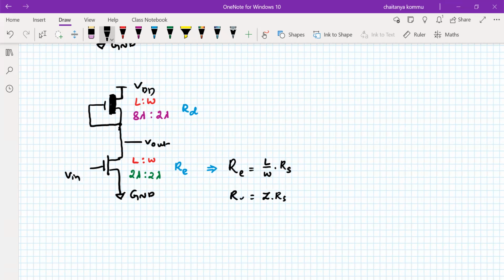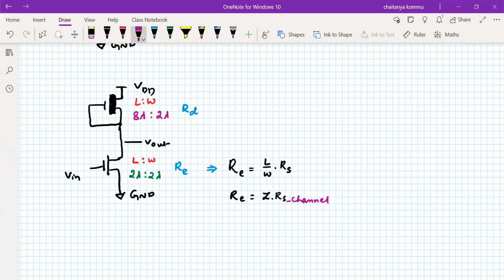So the concept here is what kind of sheet resistance I need to consider. Polysilicon, diffusion, or channel? Which RS do I need to consider? Because metal is there, polysilicon is there, diffusion is there, channel is there, everything is there. But here, the sheet resistance of the channel we have to consider. Please remember that, because on resistance means once the channel is established, then only that will be on.